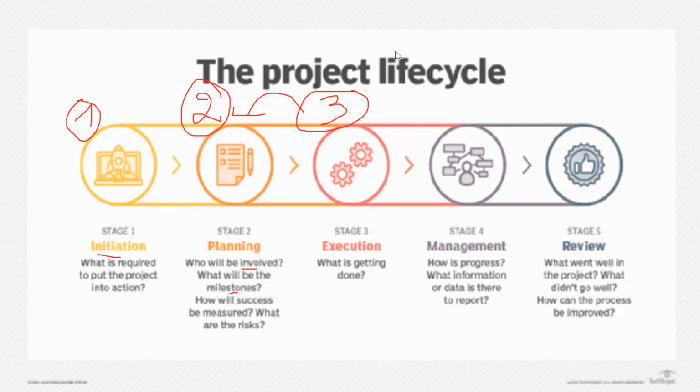After the execution comes stage number 4, which should always be happening throughout all of the stages: the management. In every stage, even the initiation, the planning, and the execution, you have to understand how the progress is going, what information or data are coming out from this phase, and what we can conclude from it.